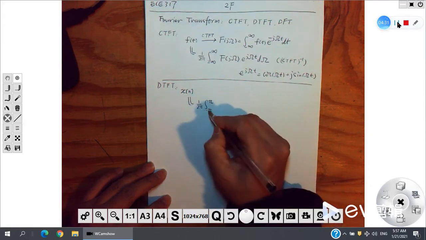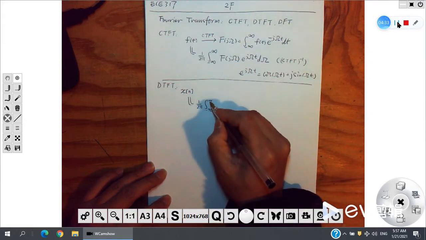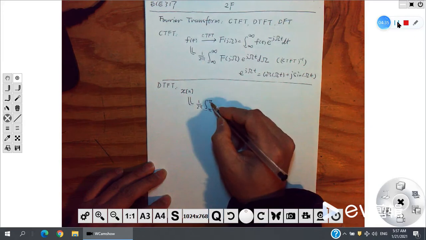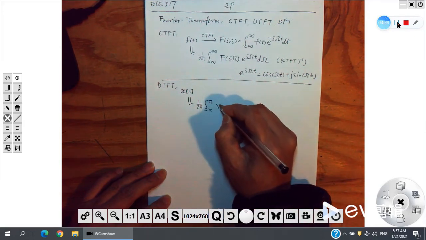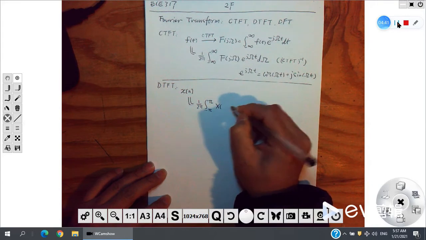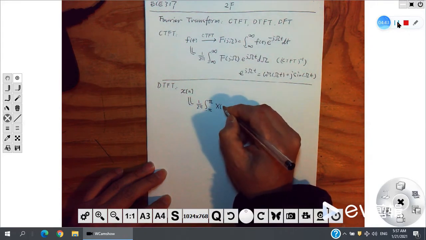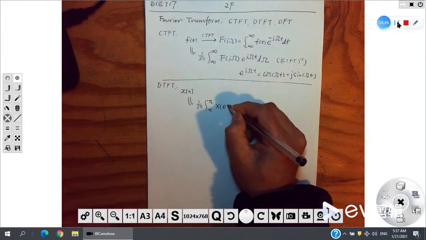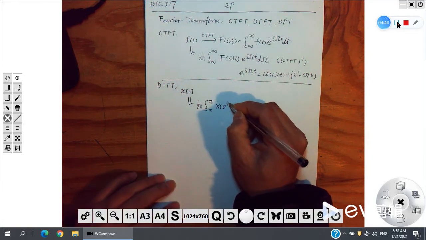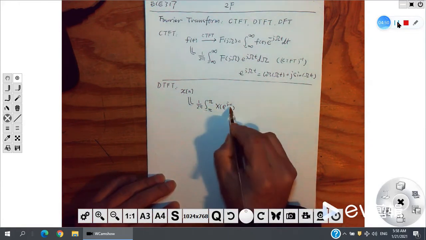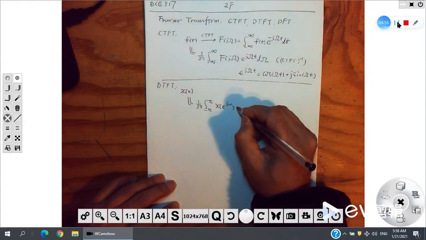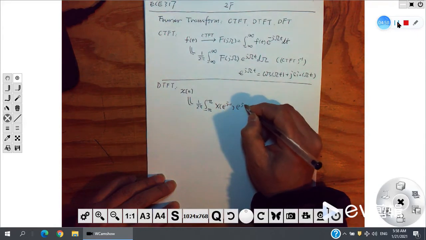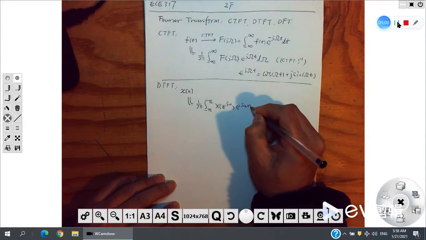You can also choose 0 to 2 pi. Integral from 0 to 2 pi, the result is the same. And here will be some capital X as a weight. Inside the capital X, we use the notation e to the j omega. The variable is omega. It's a function of omega. Then times e to the j lowercase omega n d omega.